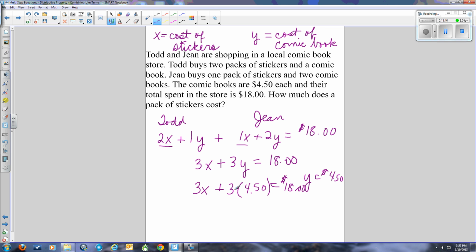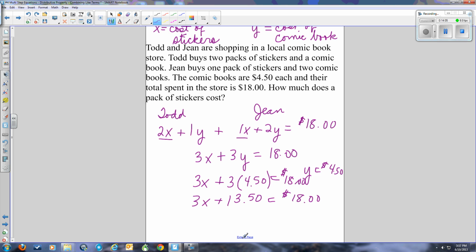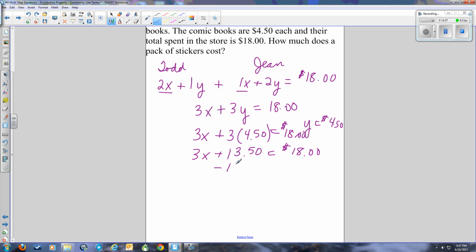Now, let's actually go ahead and simplify this. So 3 times $4.50 gives us $13.50. And we still have our 3x in front. We want to get x alone, so we are going to solve this by subtracting $13.50 from each side.